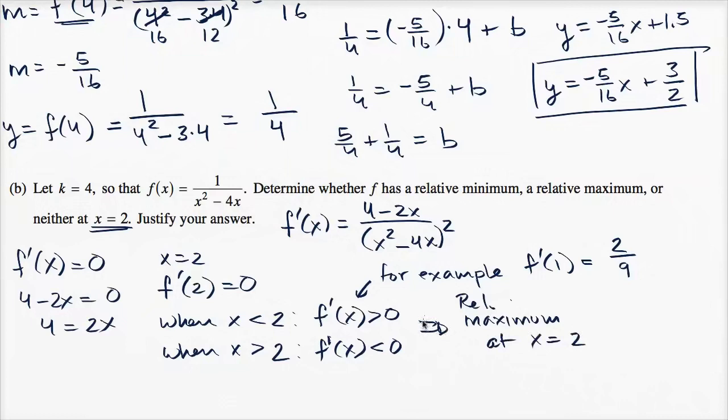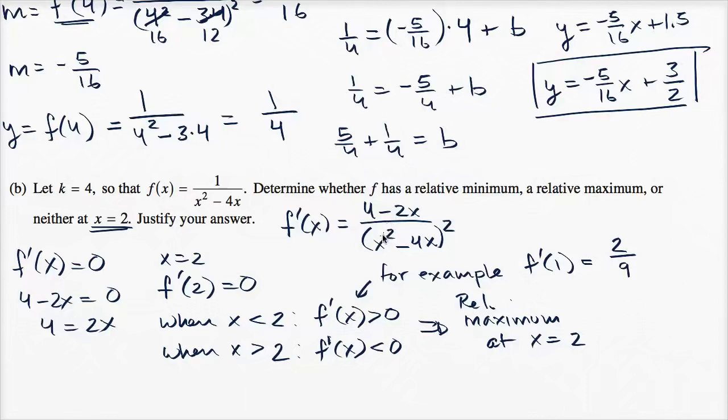Now, another way that you could have tried to do it is to take the second derivative of this and see whether that was positive or negative, and whether it's concave upwards or downwards. But taking the second derivative of this gets quite hairy. And anytime you're taking the AP test and you find yourself going down a really hairy path, like taking the second derivative of f, which would be the first derivative of f prime, it might work, but it's probably not the optimal path.